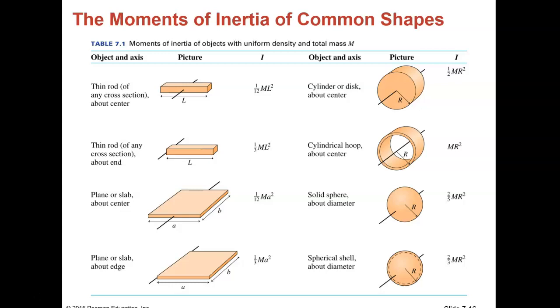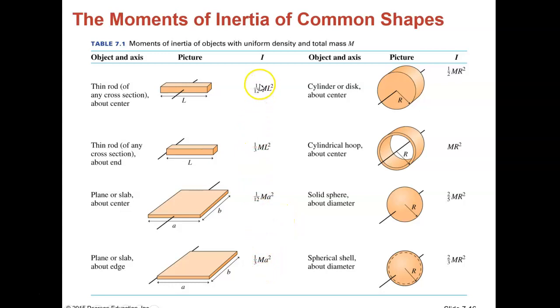Now, oftentimes you're going to get equations for moments of inertia. You're not going to memorize these. These are not given to you on your formula sheets. However, if you need these on a test, you will be provided them.